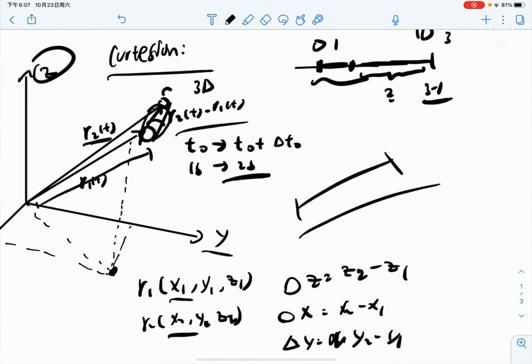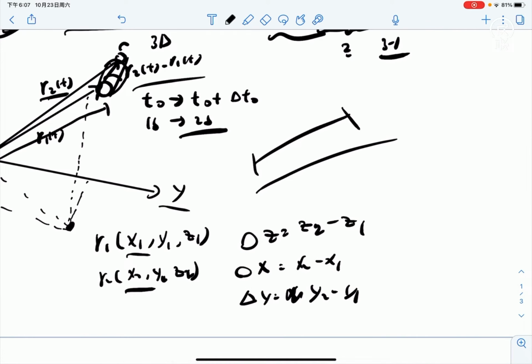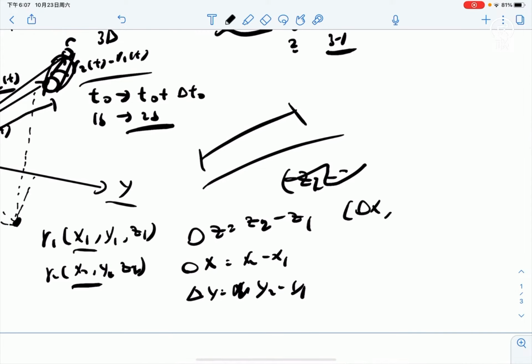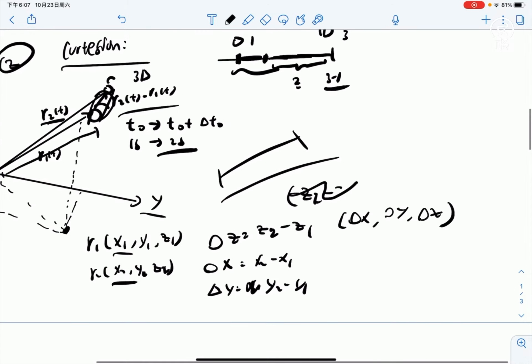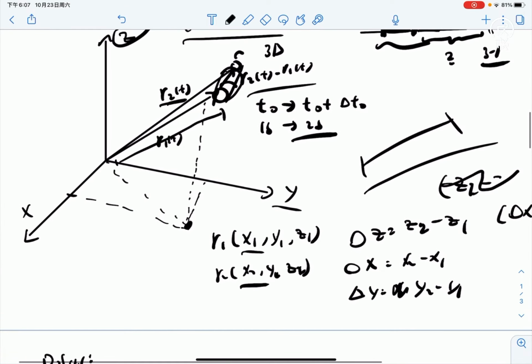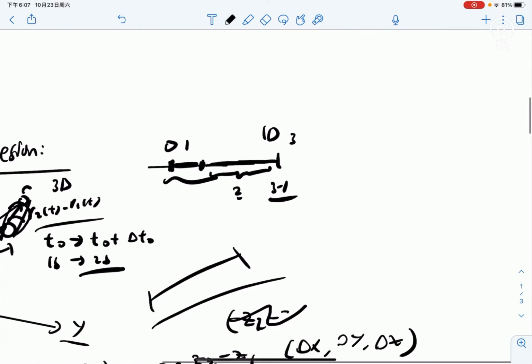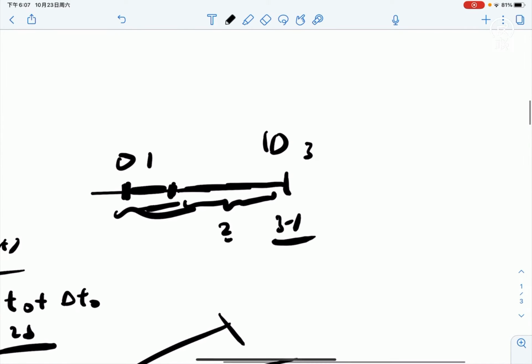So this vector can be described as delta x, delta y, and delta z. For this kind of case, we're going to the 1D world first. So this one is x1, and this one is x2.